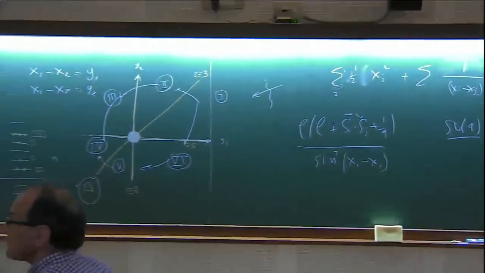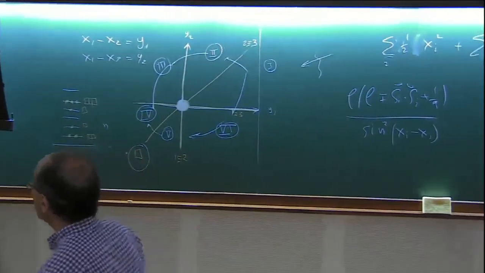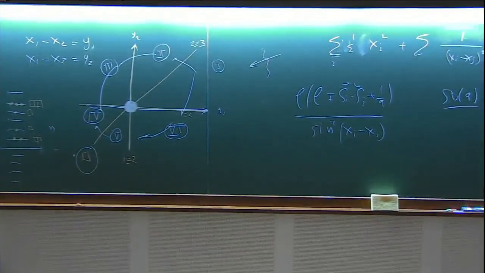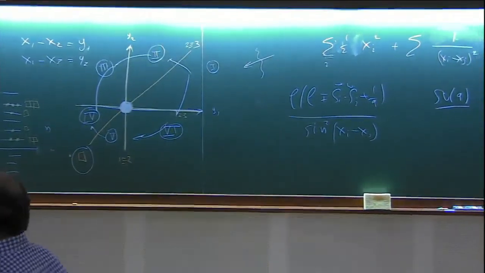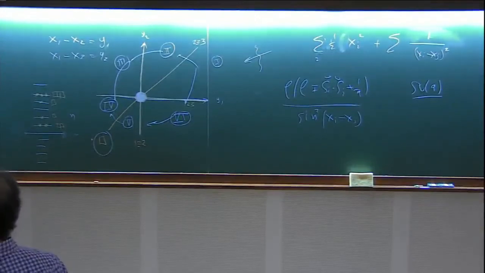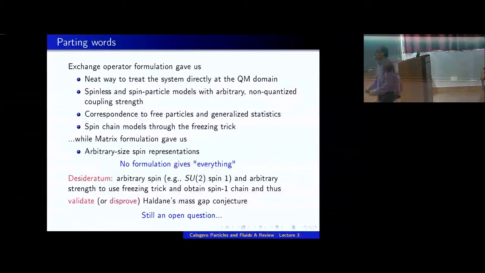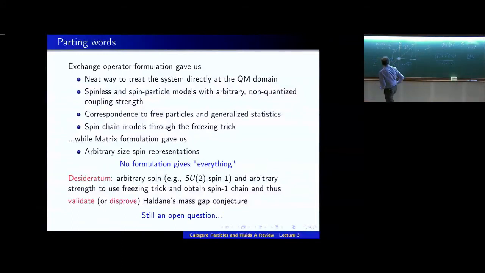For instance, if we are talking about ordinary spins, SU(2), you cannot have spin 1, you must have spin half. The matrix formulation, on the other hand, was giving us similar Calogero spin models where the spin could be in an arbitrary representation. Still symmetric, but not necessarily fundamental. The individual spins could be spin 1, spin 3/2, etc.